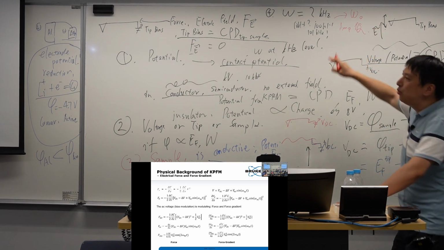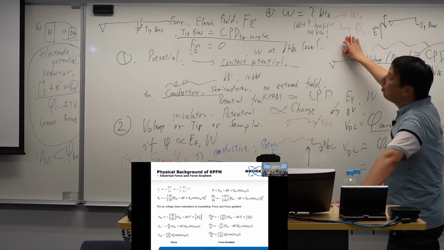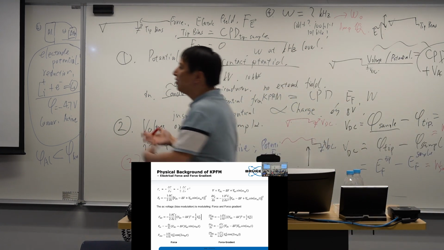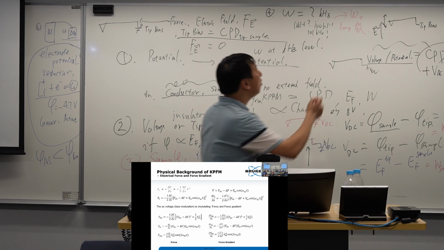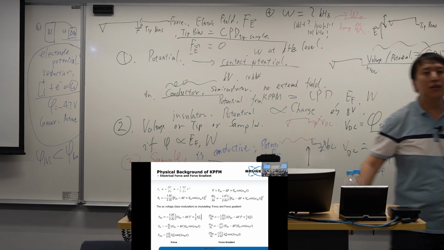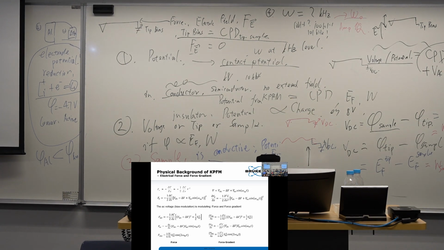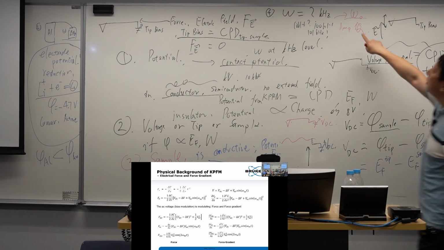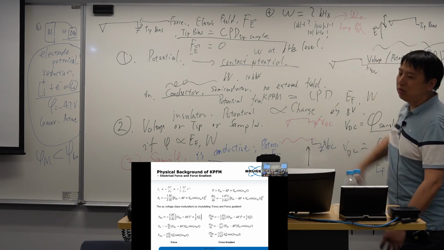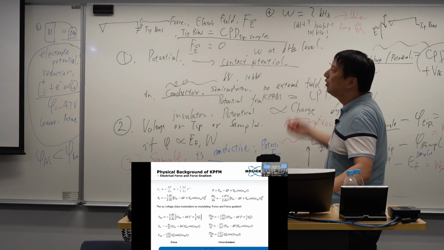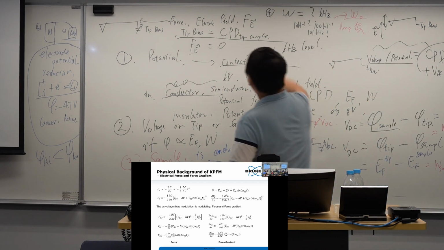The amplitude value will be larger, which makes our measurement easier. That's the idea here, and why the KPFM default setup always uses omega 0. Otherwise it can be anything. You reduce or increase the omega, you always get the same potential value. But we want our measurement to be more sensitive and accurate, so we make omega equal to the resonance frequency of the cantilever, and then the amplitude is larger. That's the whole idea of our KPFM.